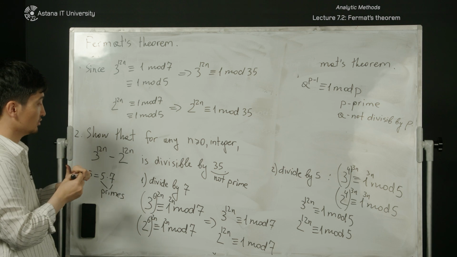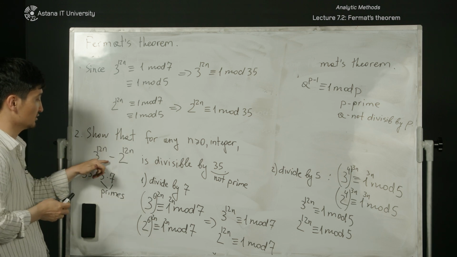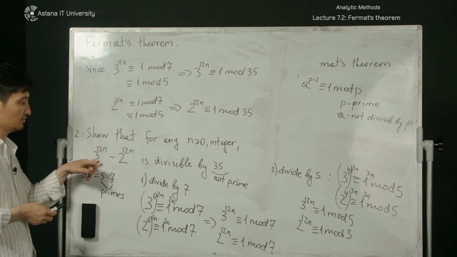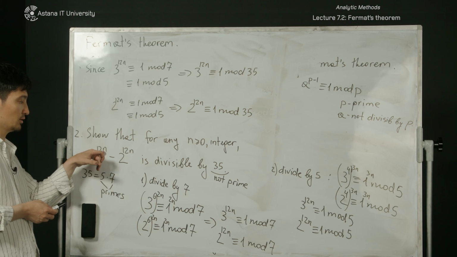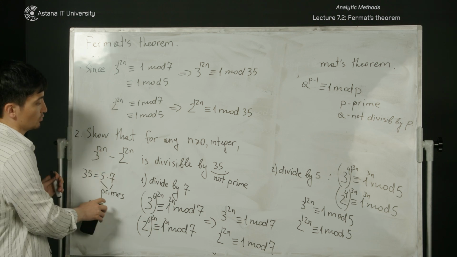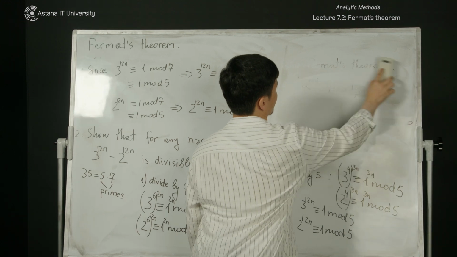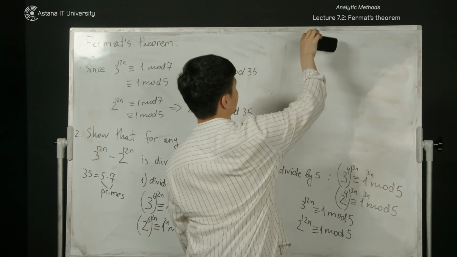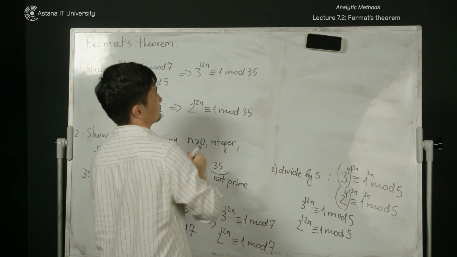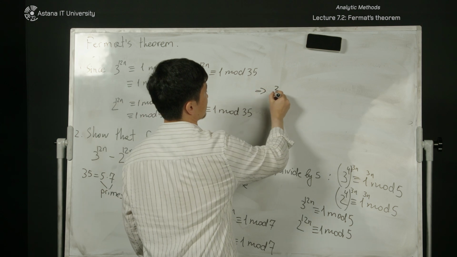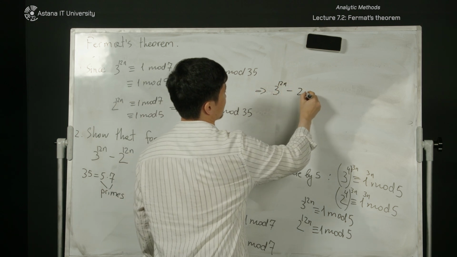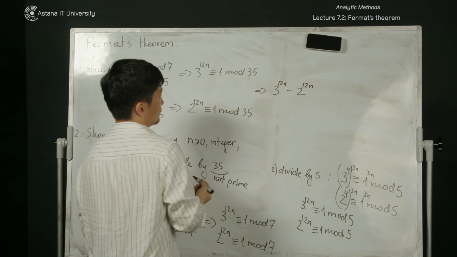Great. Now what I need to do is consider the difference, right? Since I have this expression, the difference of 3 to the power of 12n minus 2 to the power of 12n. So if I subtract them from each other, what I get is 3 to the power of 12n minus 2 to the power of 12n, right?